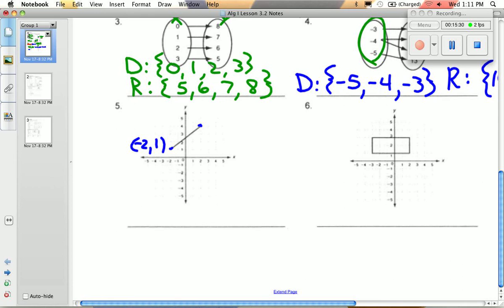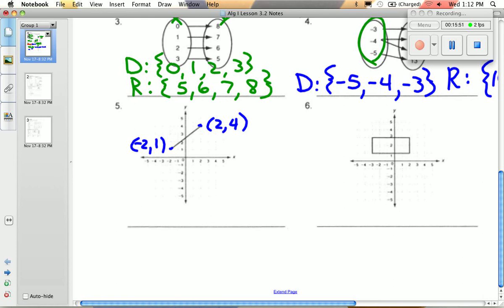What's the other one's ordered pair name? 2, 4. Okay, now that we've identified the endpoints, you see if you can write the domain and the range for that graph, for that relation.